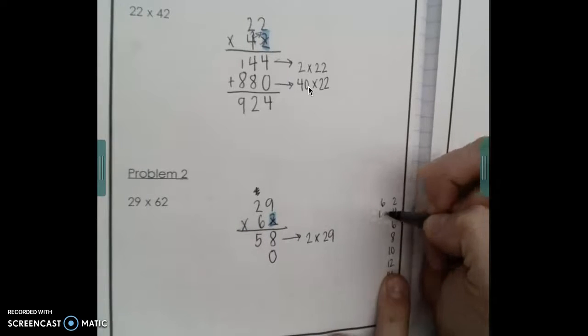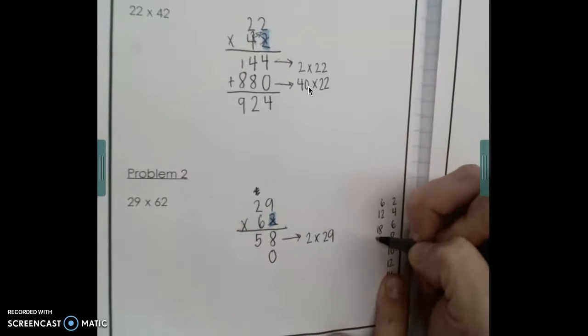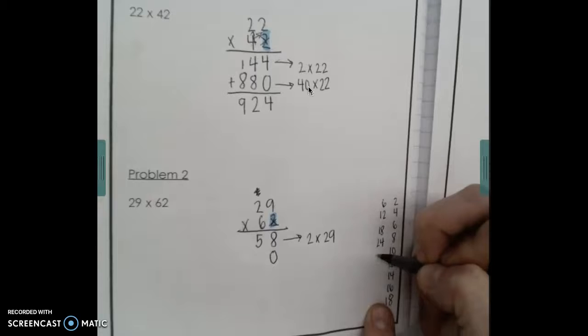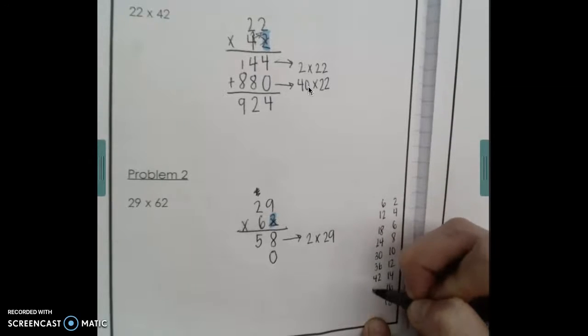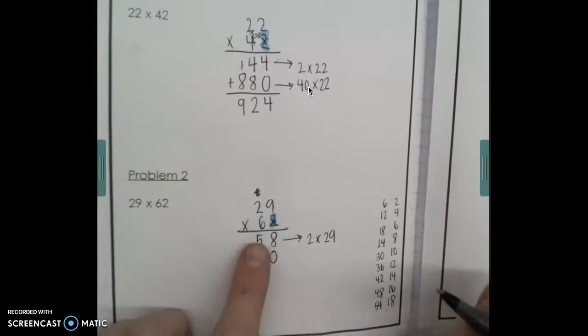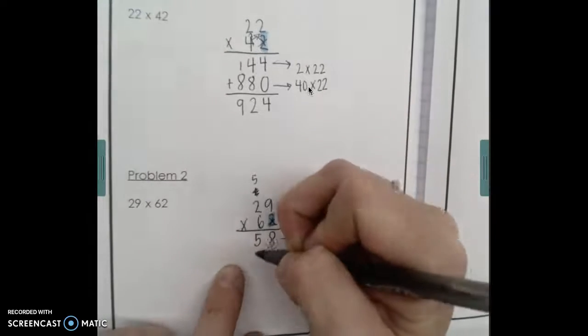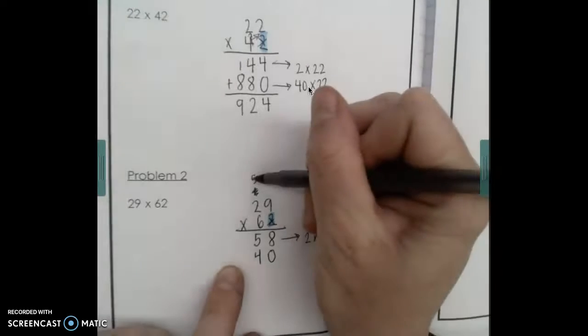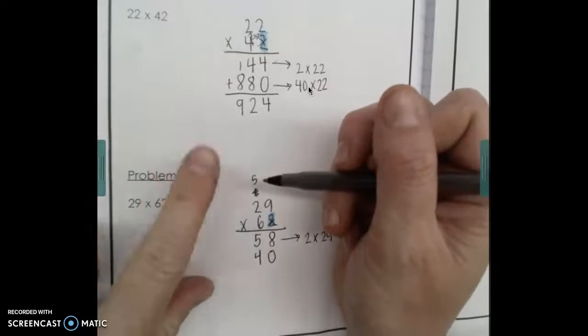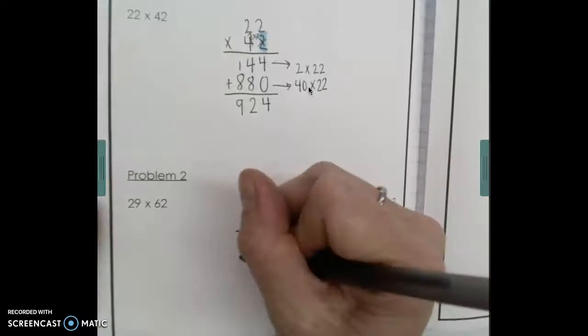6, 12, 18, 24, 30, 36, 42, 48, and 54. You see I have 54, 5 on the top, 4 down below. 6 times 2 is 12, plus 5, 12, 13, 14, 15, 16, 17.